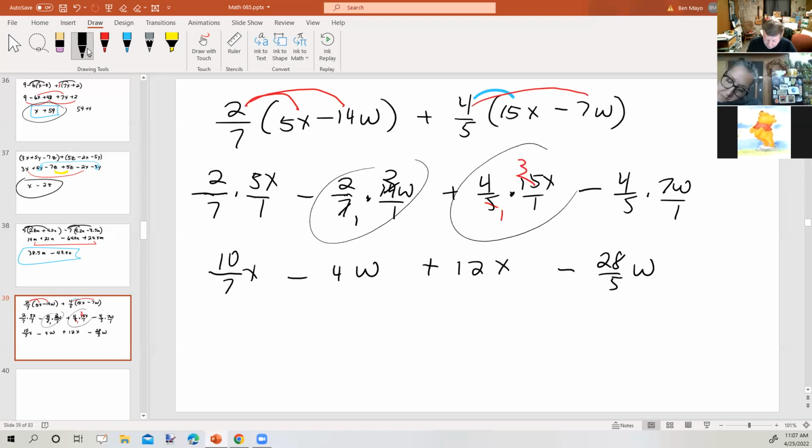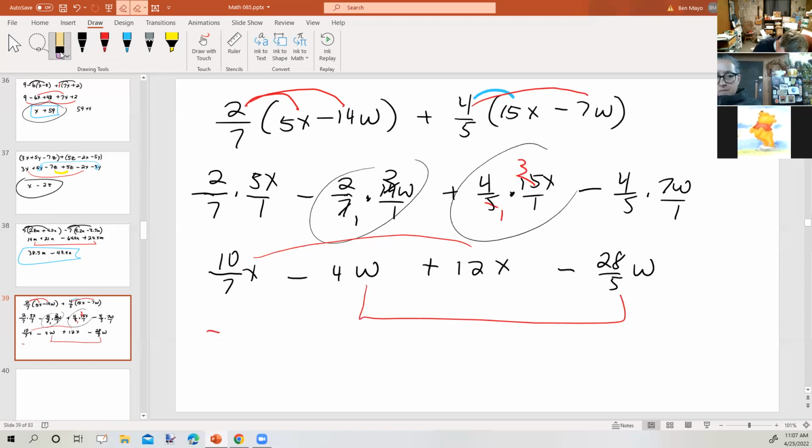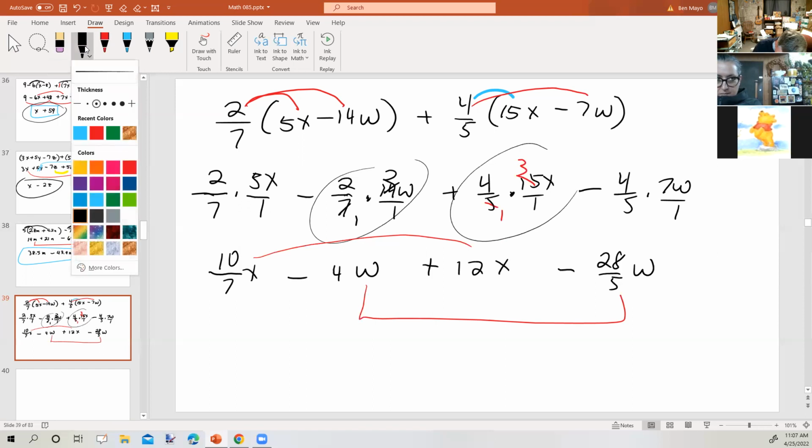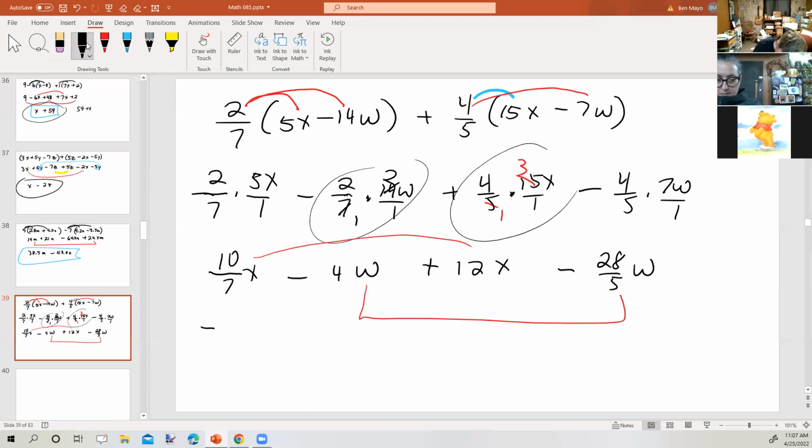Now, combining like terms, the w's go together, the x's go together. So negative 4w minus 28/5 w. That would be like negative 4 over 1 w minus 28/5 w.